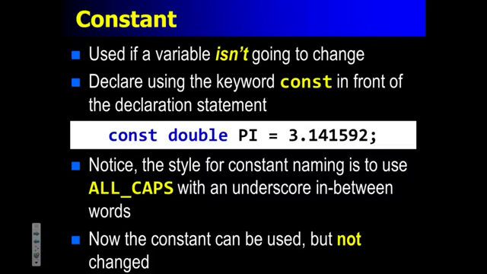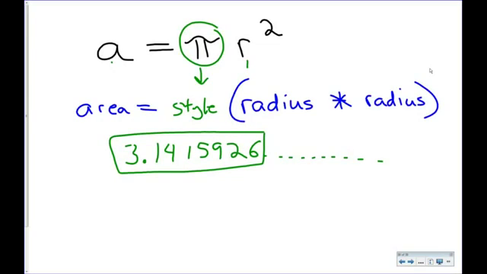Okay? As far as the style goes, in computer science the constants are typed in all capital letters so that it stands out, and that's why I yelled it, so that it really stands out in your code. So if I jump back here, the style in my code would be all capital letters: PI times radius times radius.